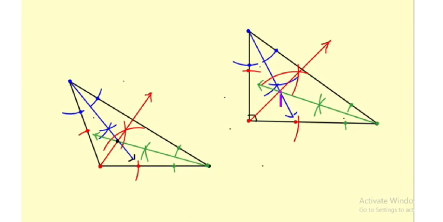I is the point of concurrence and it lies inside the triangle. Hence the point of concurrence of angle bisectors of obtuse angle triangle and right angle triangle lie inside the triangle. Also note that point of concurrence of angle bisectors of all the types of triangle lie inside the triangle.